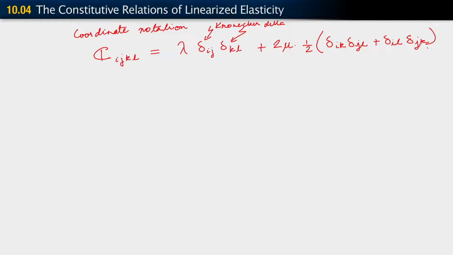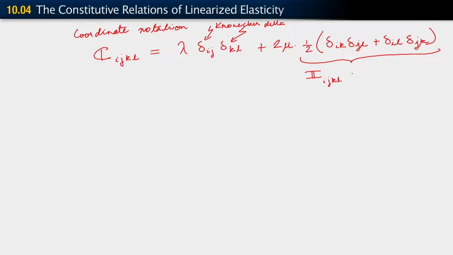If you wonder why I put in a 2 mu and then reintroduce the half, it is because what I have here is also often recognized as a fourth order tensor. This is often denoted as a bold-faced I with indices ij, kl.